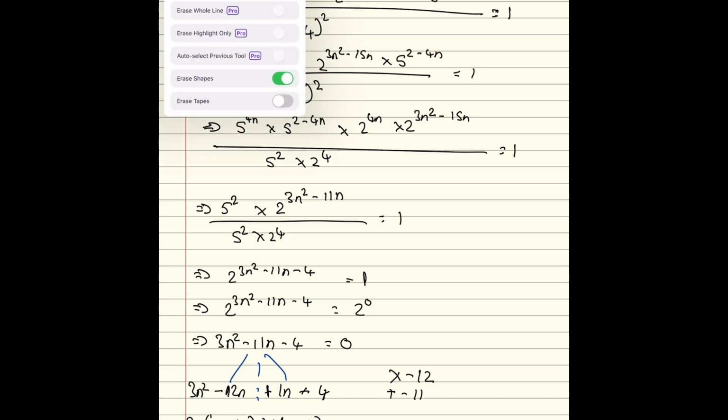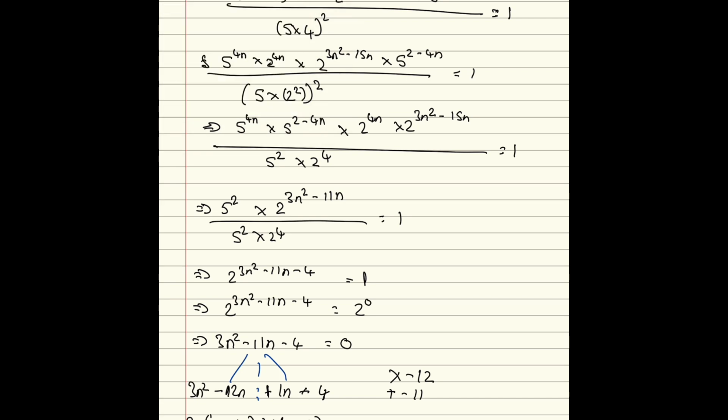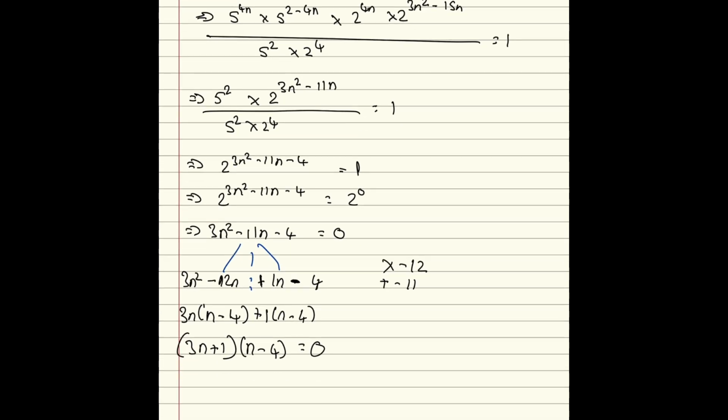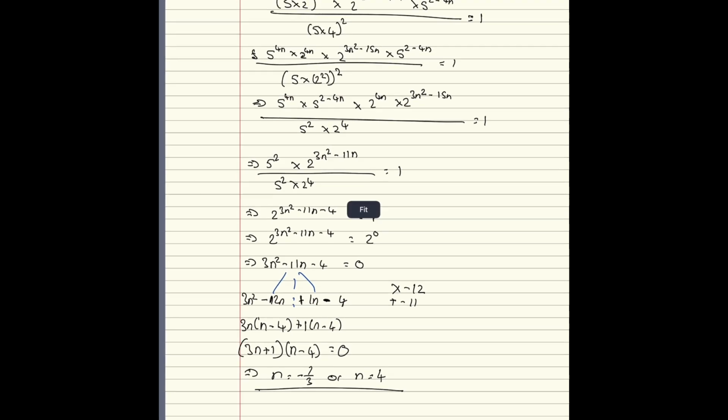Just looked, I made a slight mistake here, this should be a takeaway. Yep. So then I've got 3n plus 1 times n take away 4 equals 0, which implies that n equals -1/3 or n equals 4. Okay, that's my answer.